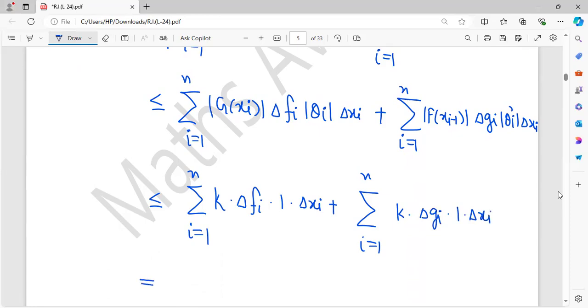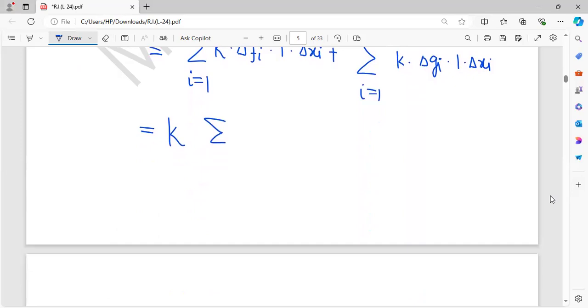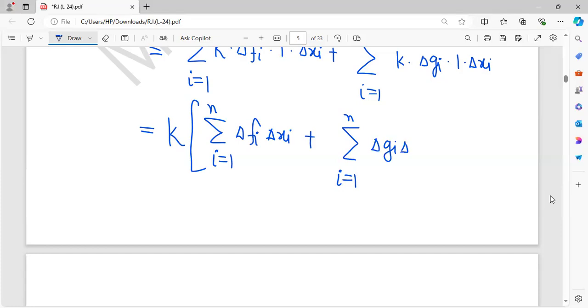So this is equal to k outside, summation I goes from 1 to n of delta fi delta xi, plus summation I goes from 1 to n of delta gi delta xi.